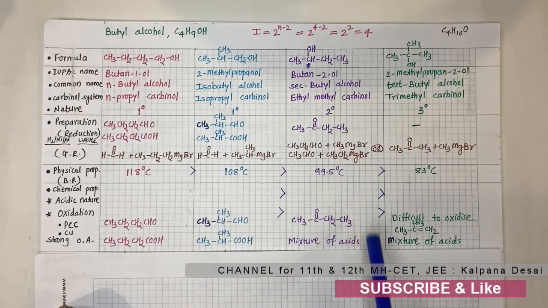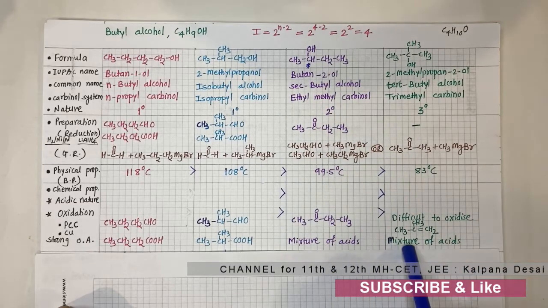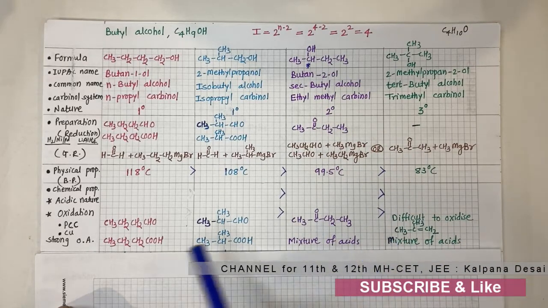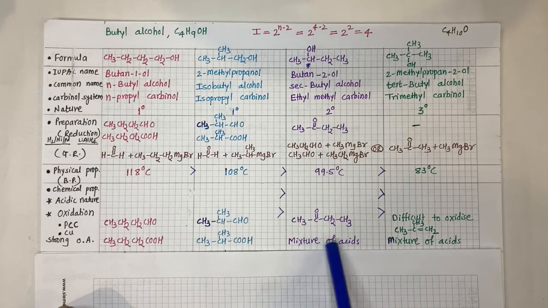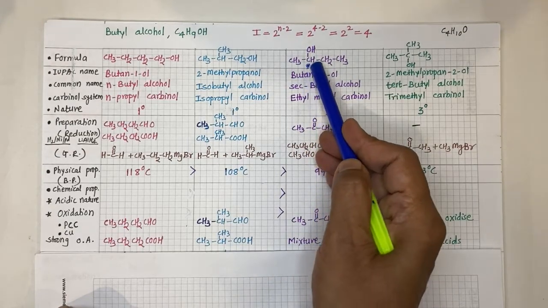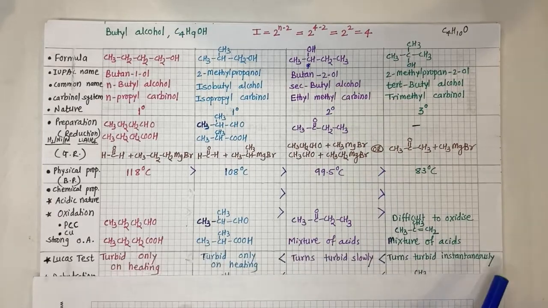Okay, but in case of these secondary and tertiary alcohols, when they are oxidized by using a strong oxidizing agent, then they give a mixture of acids with fewer carbon atoms than the starting alcohol.